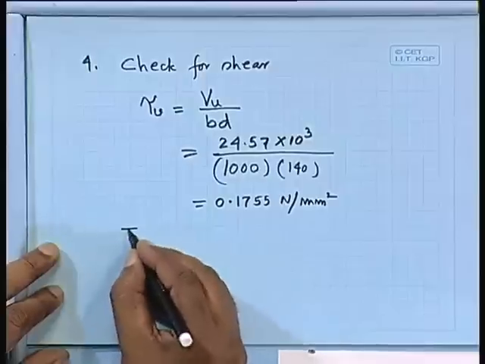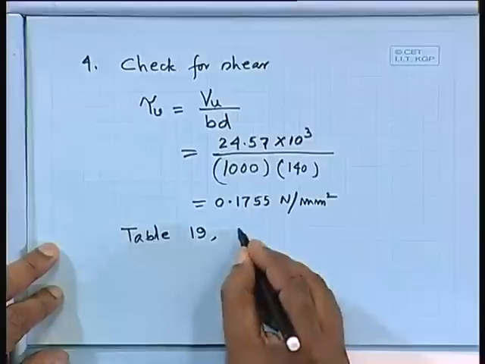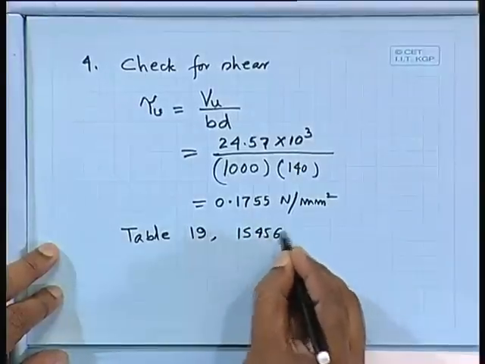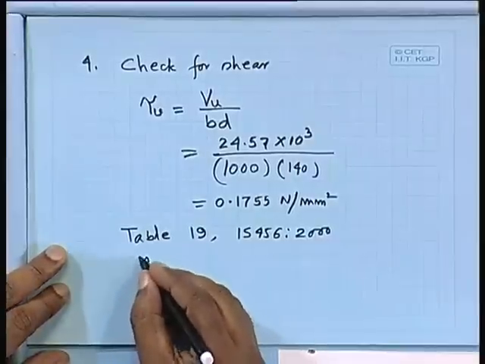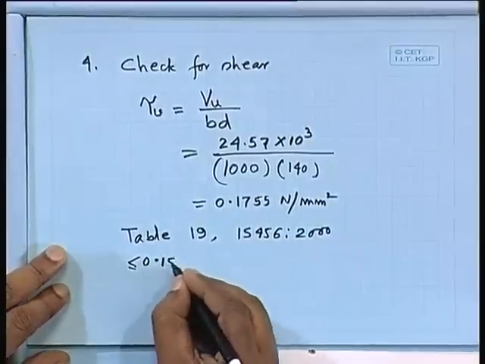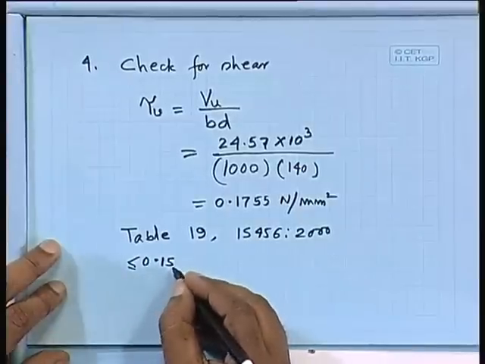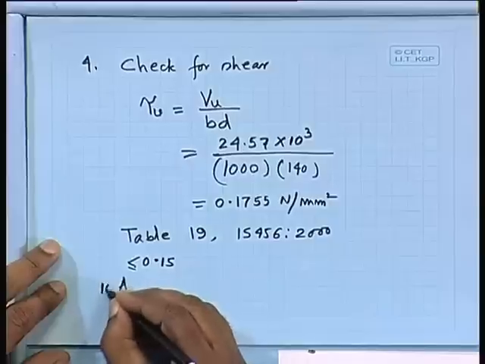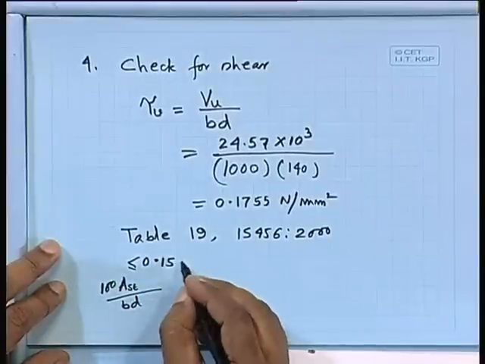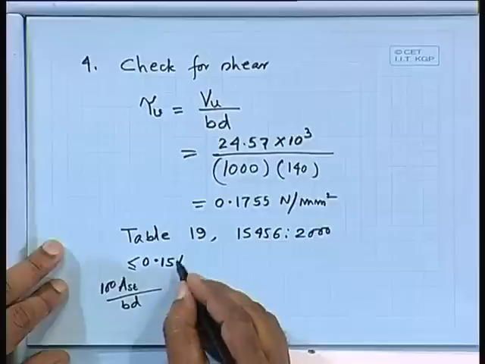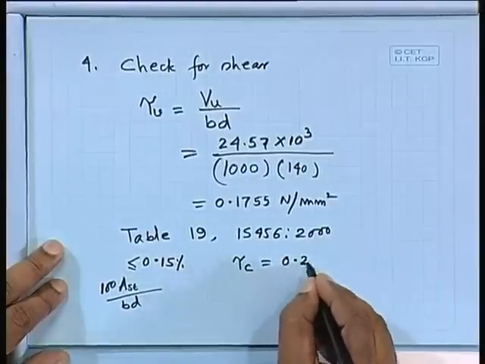Table 19, IS 456 2000, gives for less than or equal to 0.15, that is 100 Ast by bd, for this 0.15 percent, we get tau c equal to 0.28.